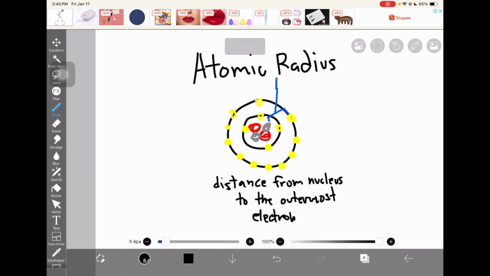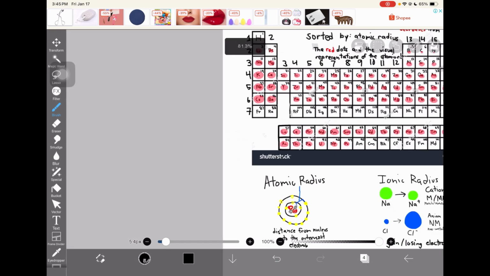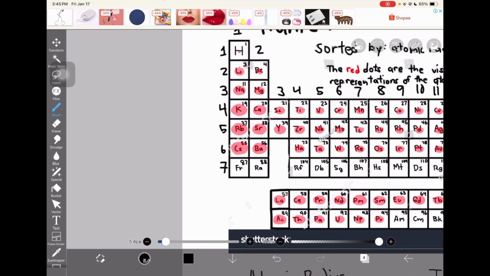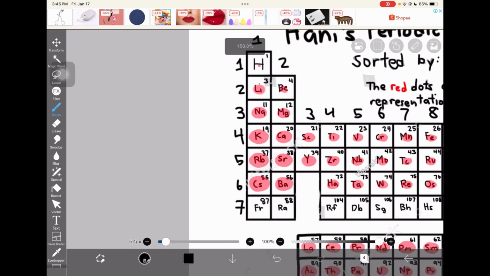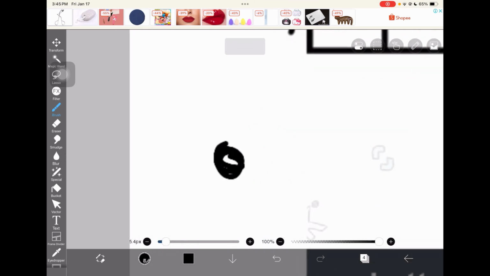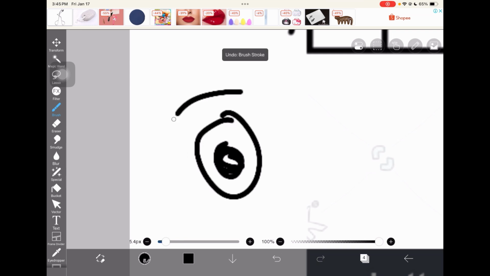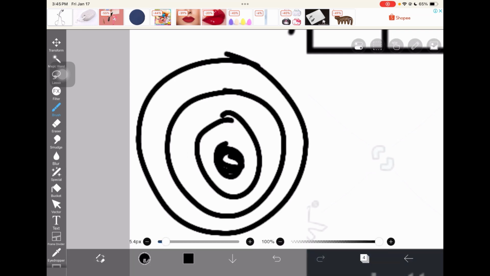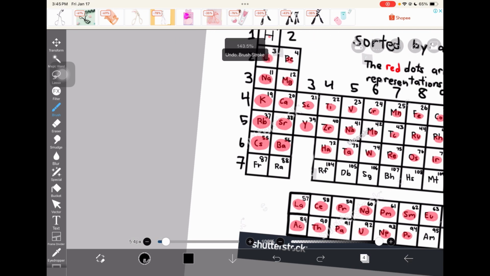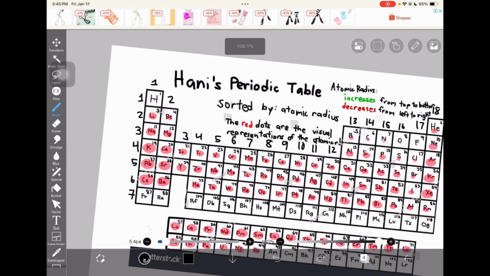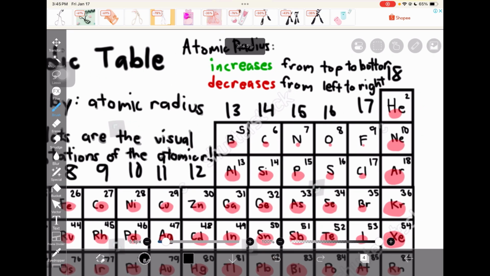As you can see, it gets larger from top to bottom. The reason why is that as you move along these periods, you'll have the nucleus here and another orbital, which we'll discuss later, then another, so it gets further and further away. So that's why the radius gets bigger. However, from left to right, it decreases until here.